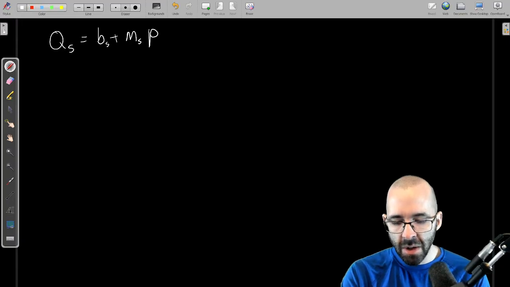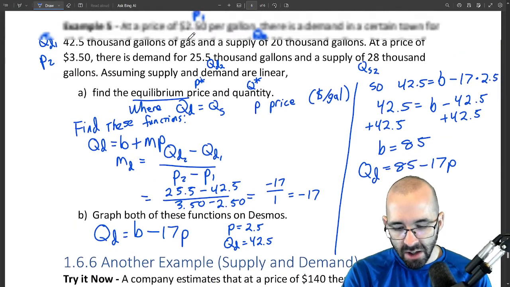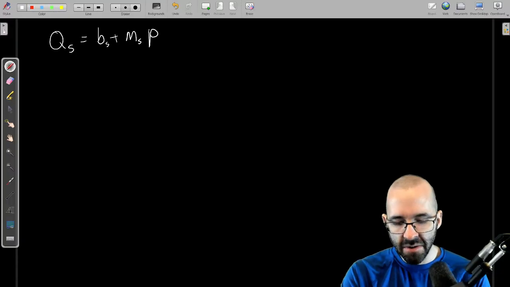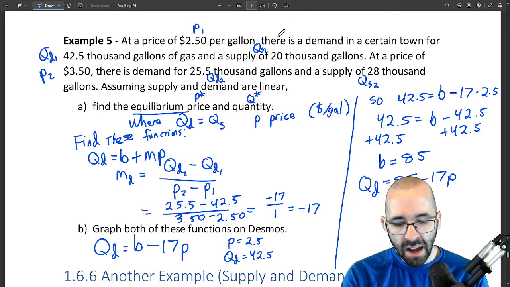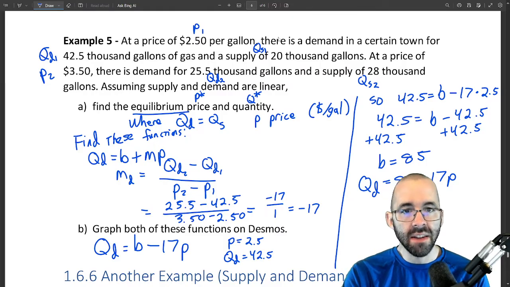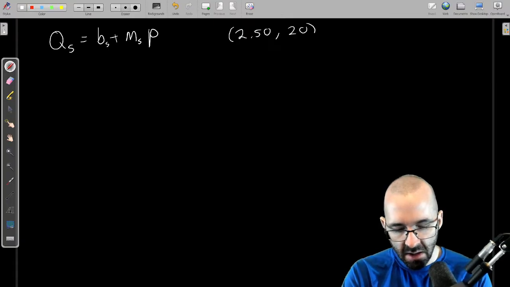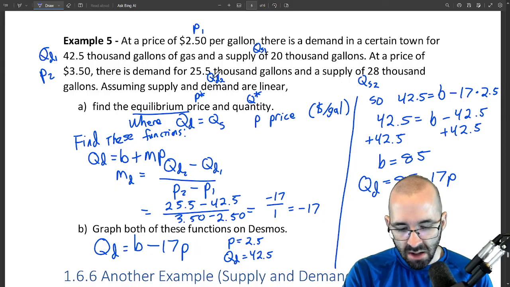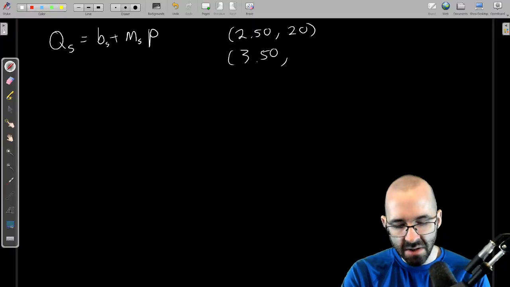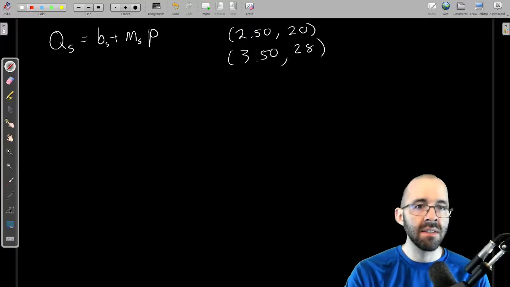And just like before, we're going to look at some ordered pairs. Over here, we said the first price was $2.50. We said the supply for that was 20,000 gallons. That first QS right here. And then at another price of $3.50, we had another supply of 28,000 gallons.